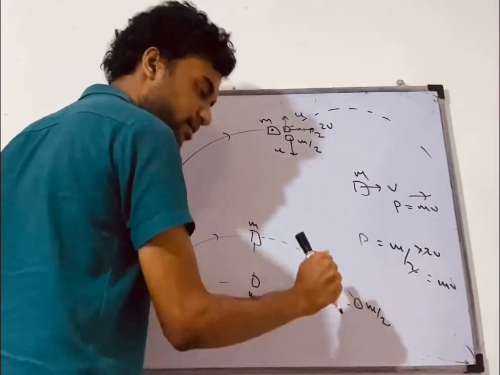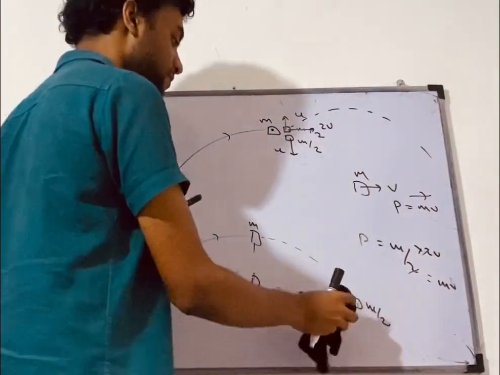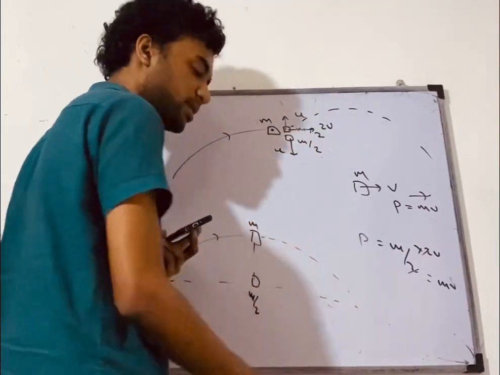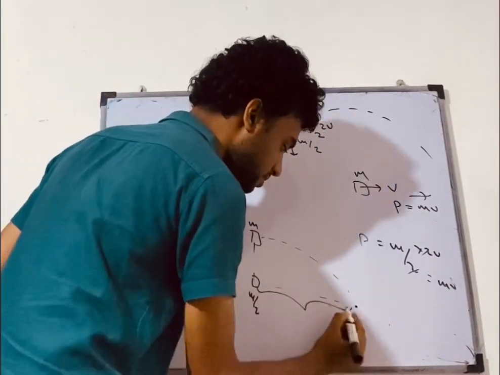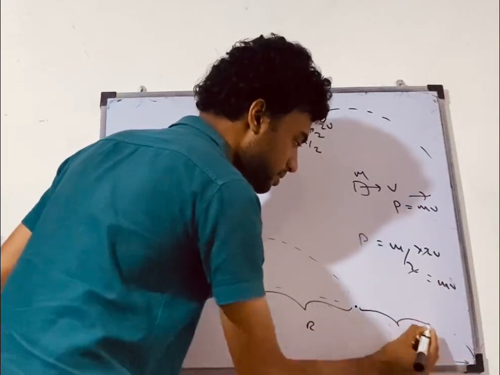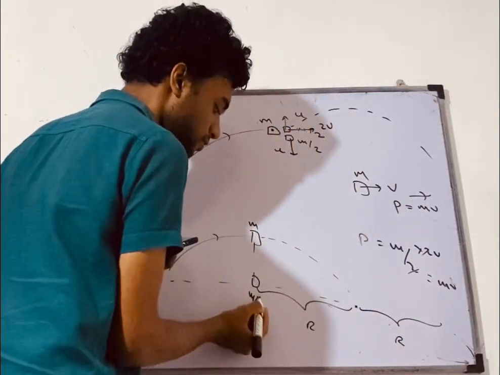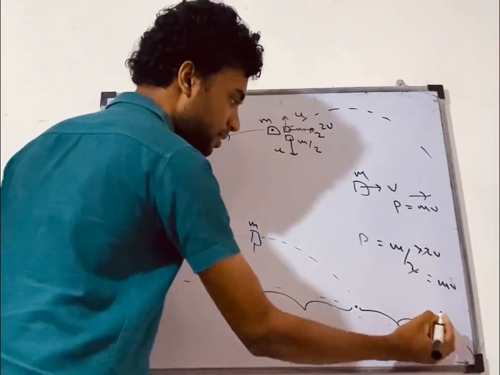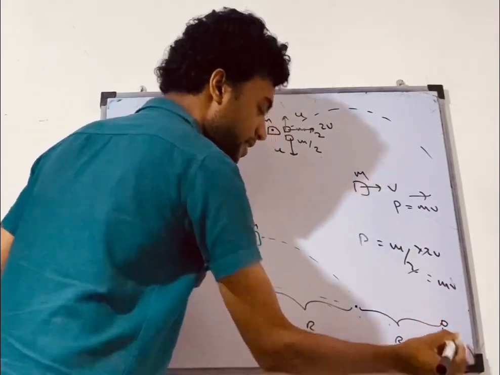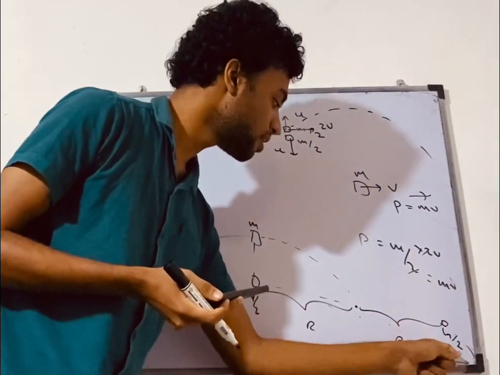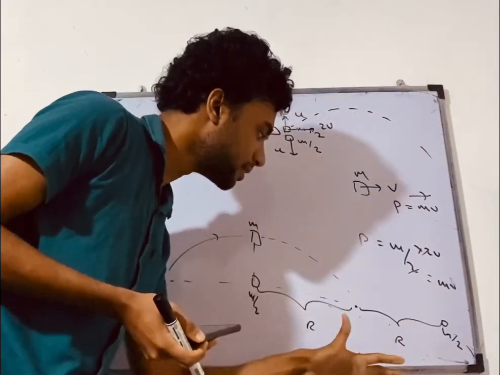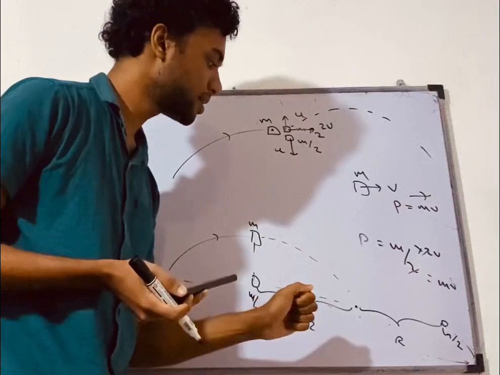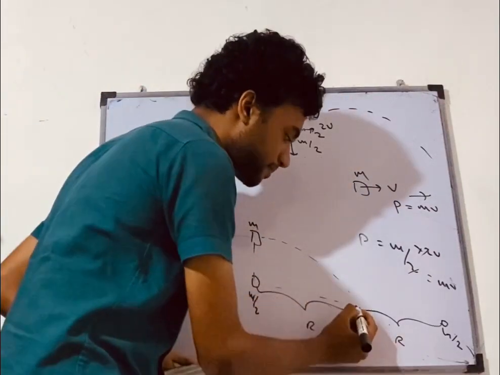Center of gravity should be here. Therefore, where should I have the mass of m over 2? I should have the mass of m over 2 at a distance equal to this r, which is the previous range from here to here. Then I should have m over 2 here. If I have m over 2 here at a distance equal to this distance, only can I have the center of gravity here.